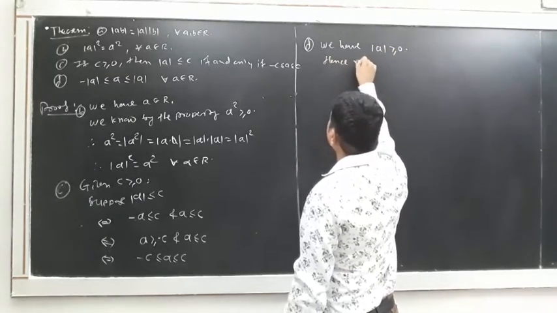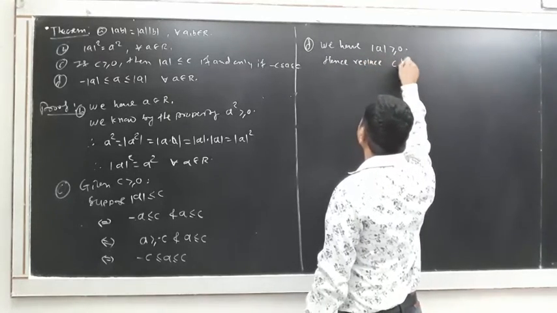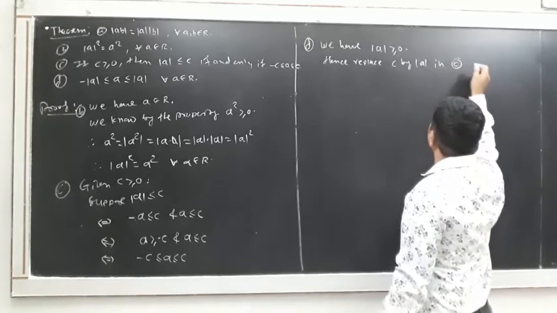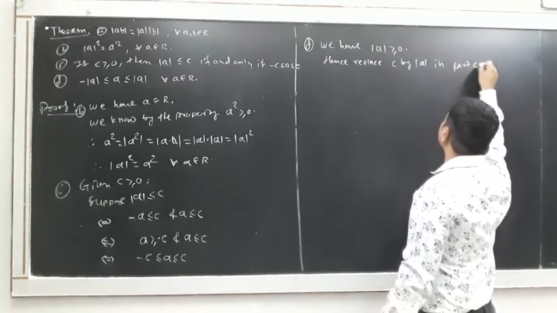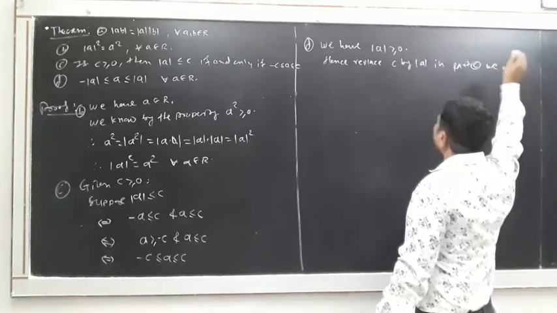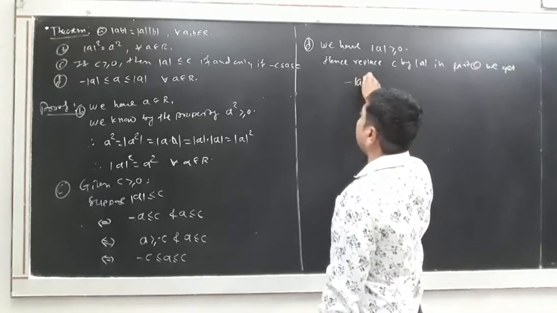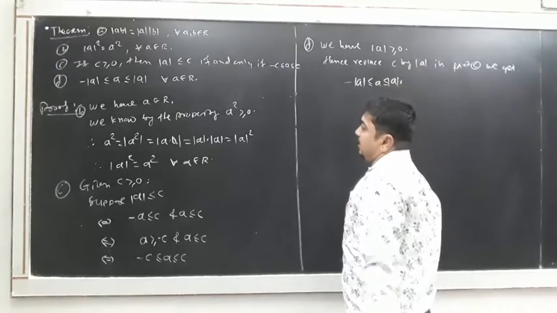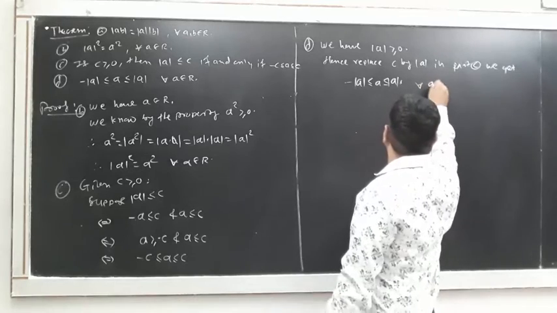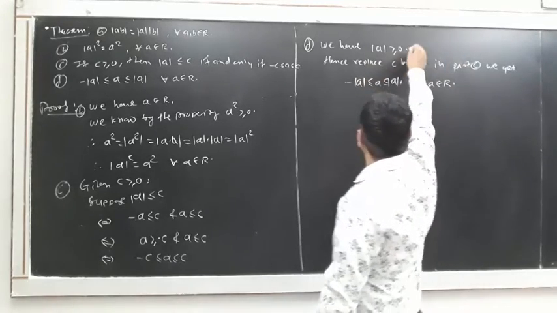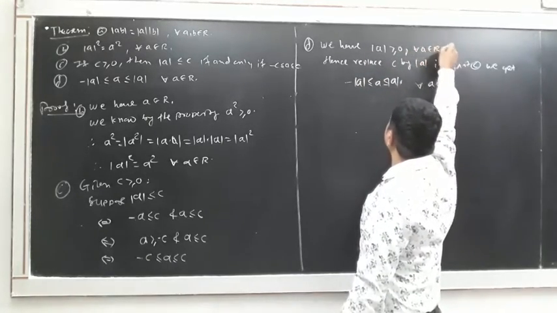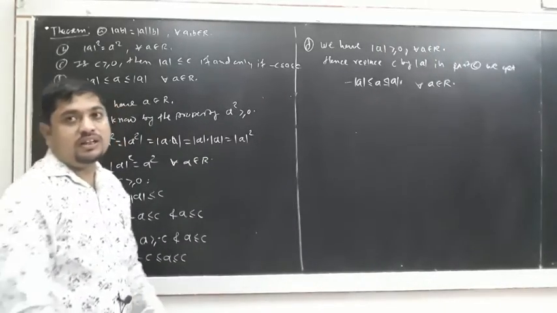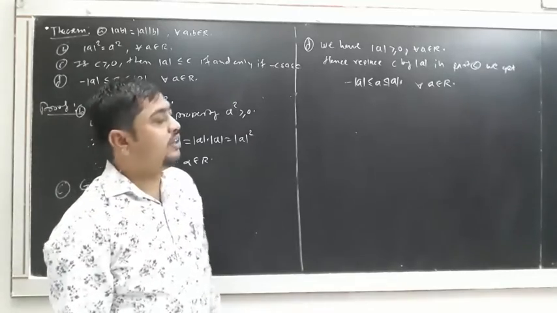Hence, replace C by mod A in part C, and what are we getting? Minus mod A is less than or equal to A is less than or equal to mod A for all A belongs to the R. Okay, so these are very simple and important theorems, you can prove them easily.